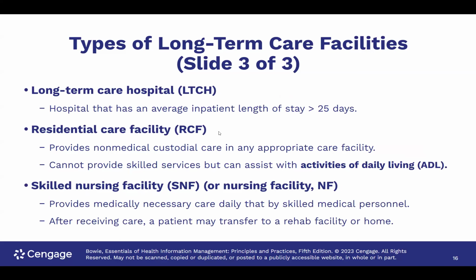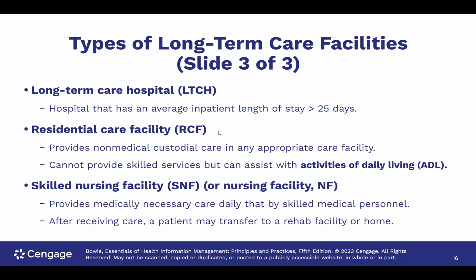We talked about how long-term care hospitals have an average inpatient length of stay of greater than 25 days. And we also have residential care facilities. These sound similar, but in fact, they're different. The residential care facility provides non-medical custodial care.